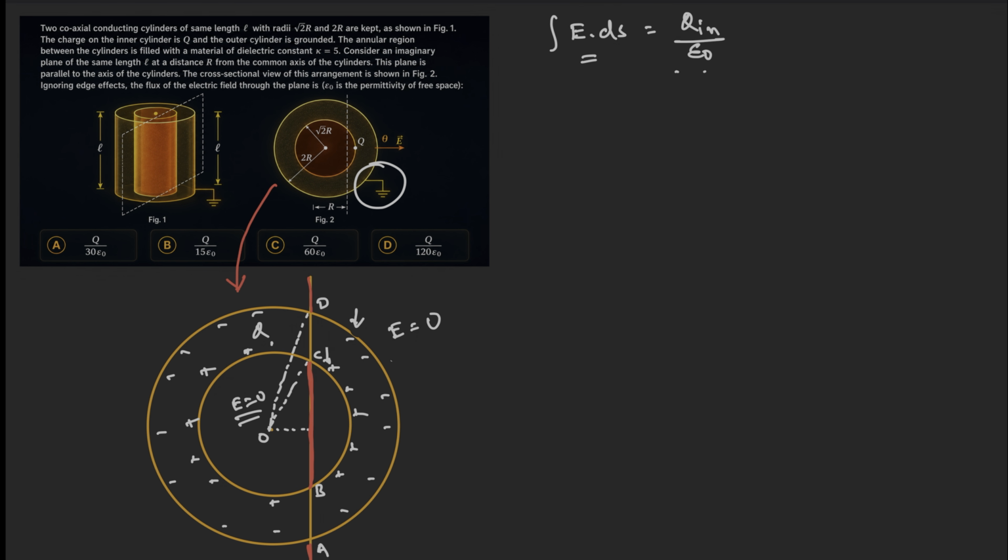Again, if the electric field is 0, then the flux is 0, right? So these areas of the plane, let me just erase that out. There is no contribution to flux because of these external areas. So essentially you would see that the part of the plane which is this and this is having some flux. With that visualization in place, let's now proceed to step-by-step problem solving.